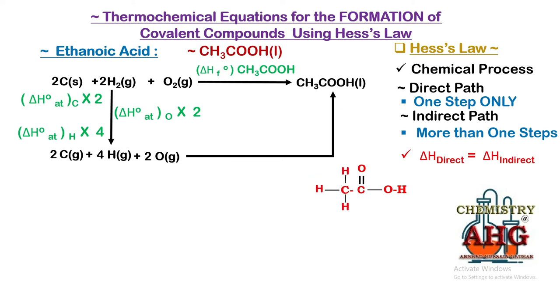Now this is the displayed formula of ethanoic acid. Now this displayed formula is very helpful in deciding how many bond enthalpies, and what is the number of each bond enthalpy in the given compound, so that we can introduce the bond enthalpies on the reaction arrow.